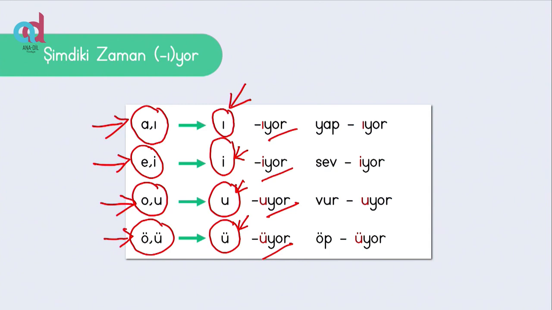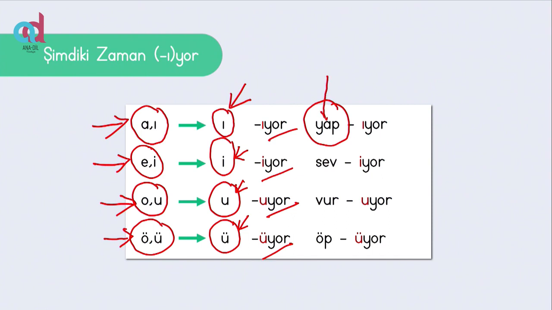For example, for the first rule, this is our verb root, yap, which is basically yapmak, to do. What we do here is get rid of the mastar, mak, and we take the root, yap, do.